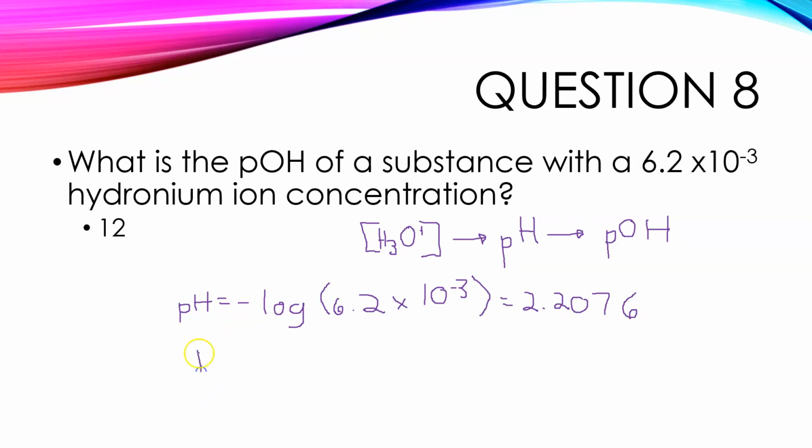Then we would have done that our pOH equals 14 minus 2.2076. When you got your answer out, you would have rounded to 2 sig figs because our starting number once again had 2 sig figs to it.